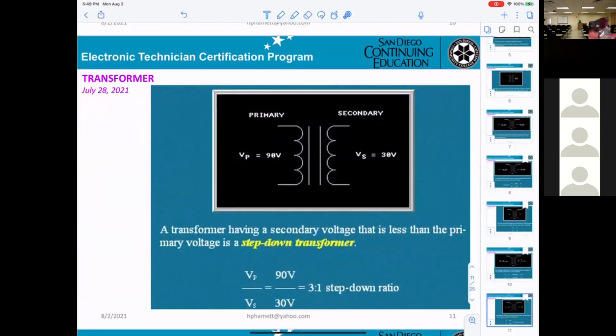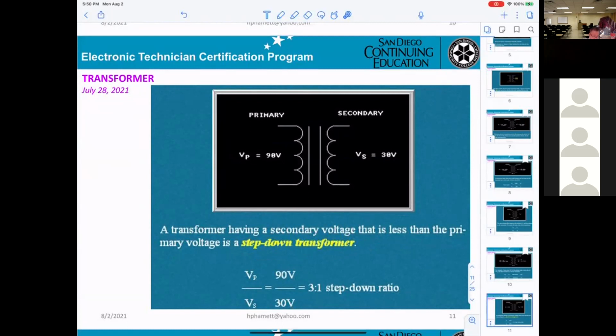A transformer having a secondary voltage that is less than the primary voltage is what they call a step down transformer. For example, VP is 90 volts and VS is only 30 volts.